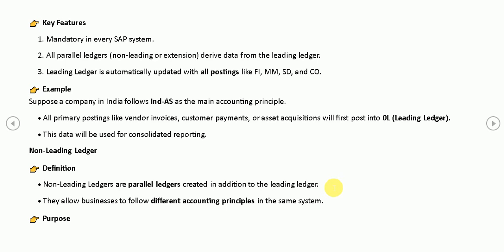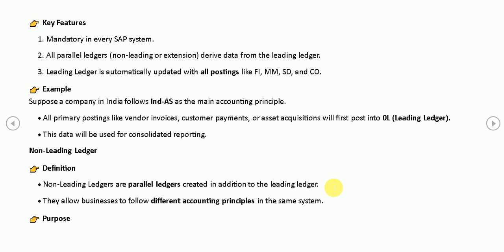Now we can create another ledger, which will be your non-leading ledger, a parallel ledger alongside your leading ledger. They allow a business to follow different accounting principles in the same system. So it will allow you to do transactions with a different accounting principle if it is required in your business.